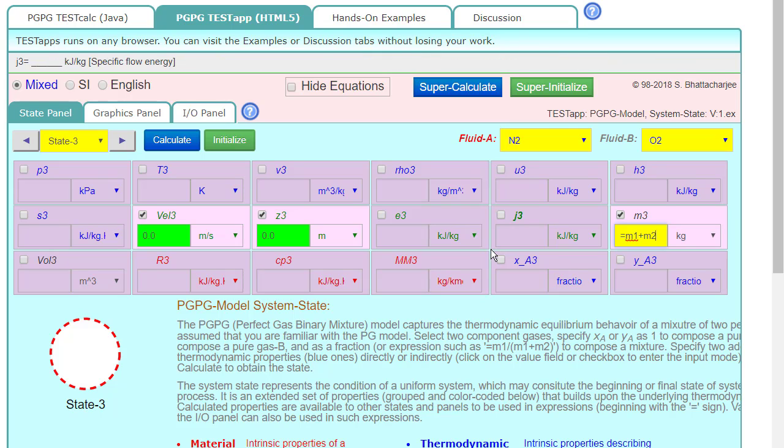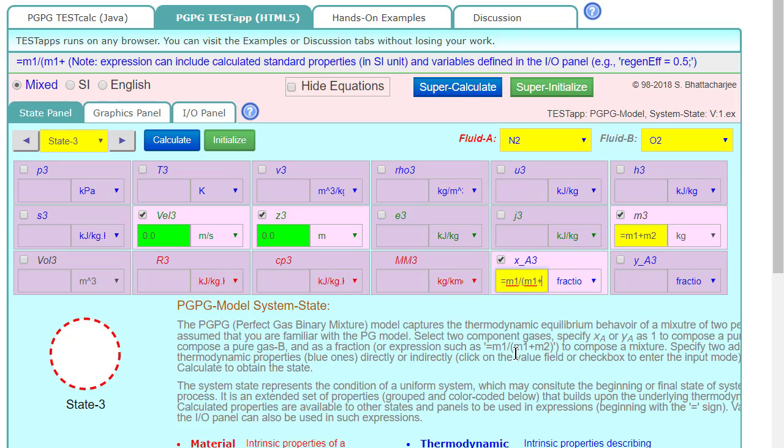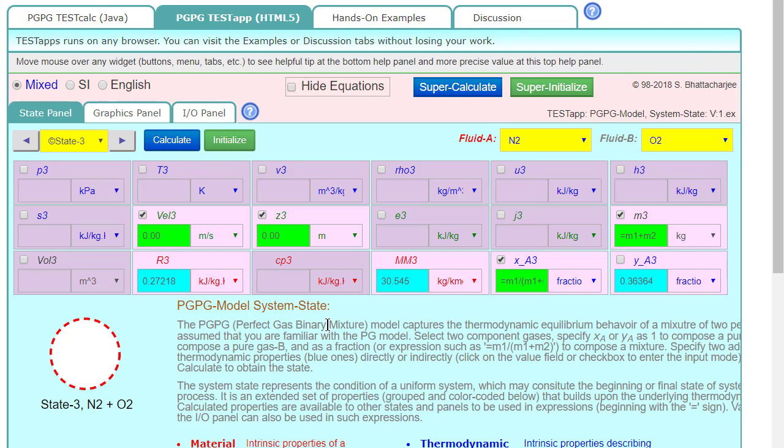And then the mass fraction of N2 would be the mass of nitrogen divided by the total mass. Hit calculate, and we get our molar mass of 30.55 kilograms per kilomole, and our gas constant of about 0.27 kilojoules per kilogram Kelvin, which is the same answer as we got with the NPG model.